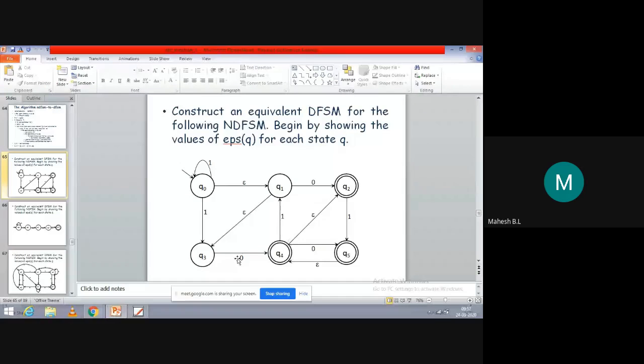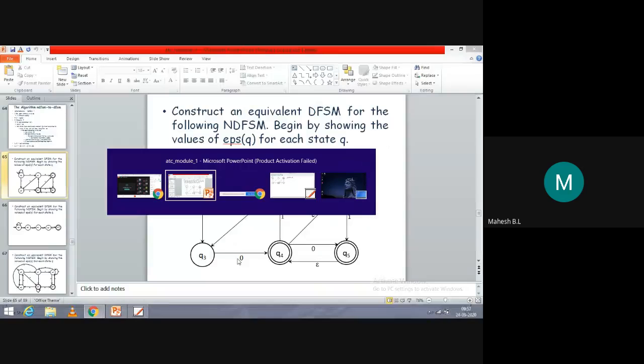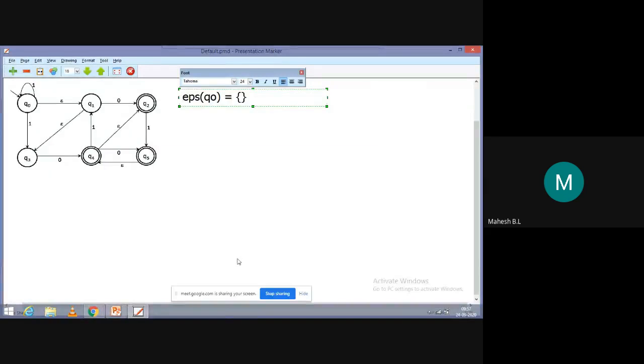There are no more states reachable by epsilon. That's why epsilon of Q naught is Q naught, Q1, Q3.